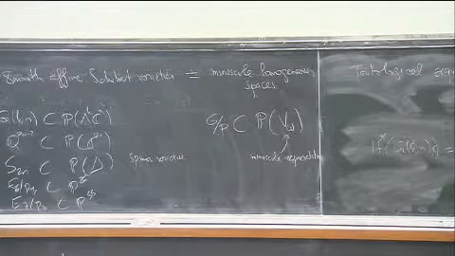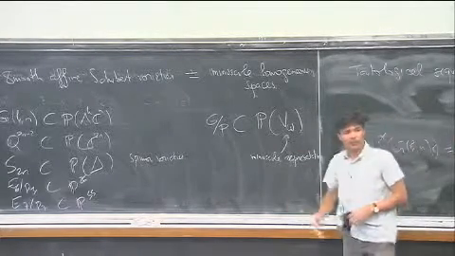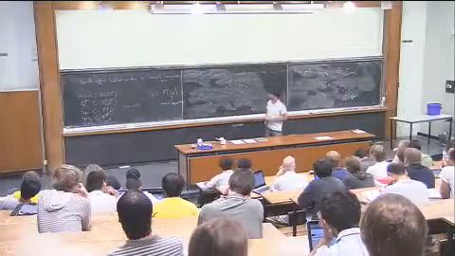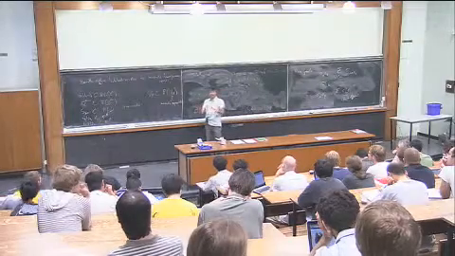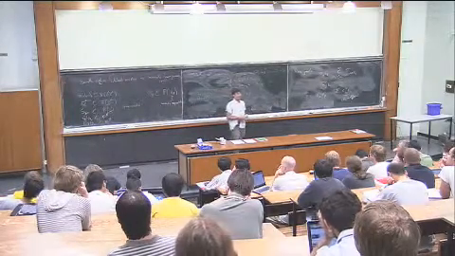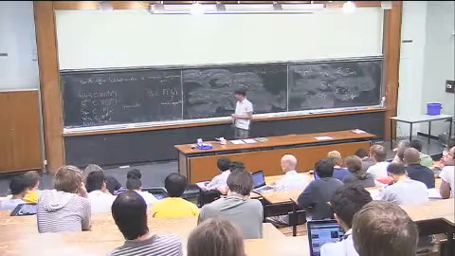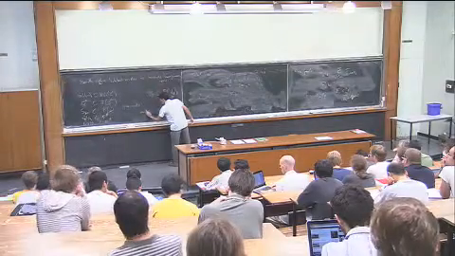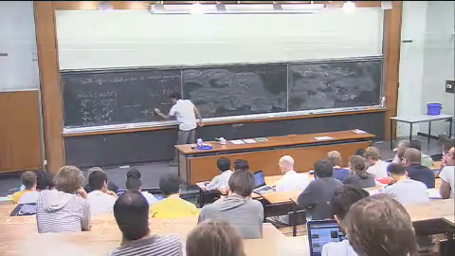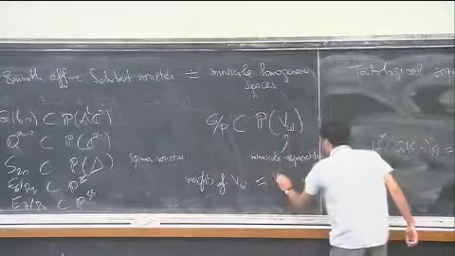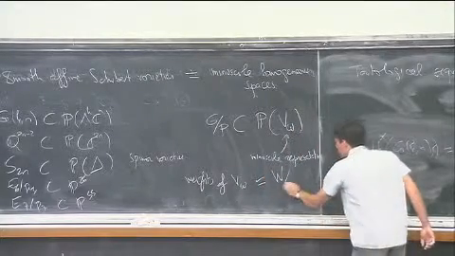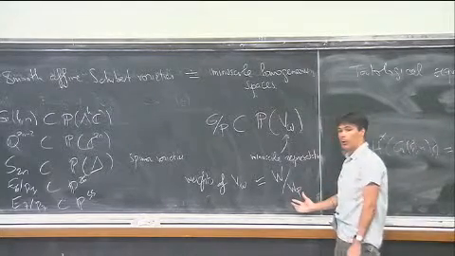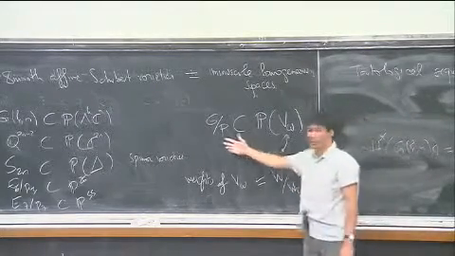So you have the highest weight, no E8 case, and you have the images of the highest weight by the Weyl group. So the weights of the representation are indexed by the cosets of the quotient of the Weyl group W by a subgroup, which is the Weyl group of the parabolic P.